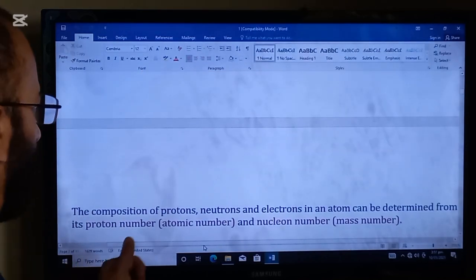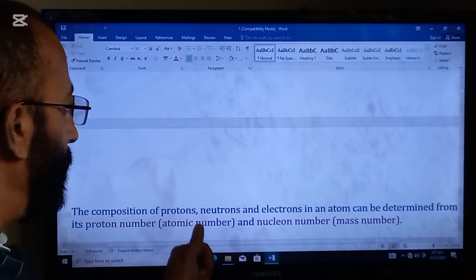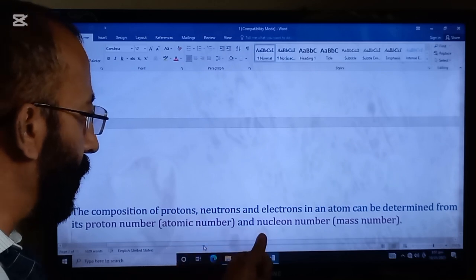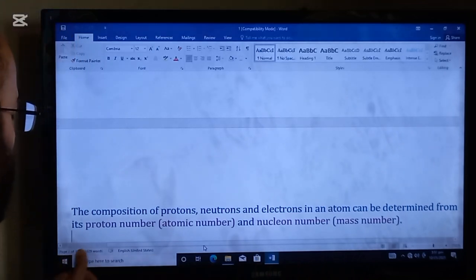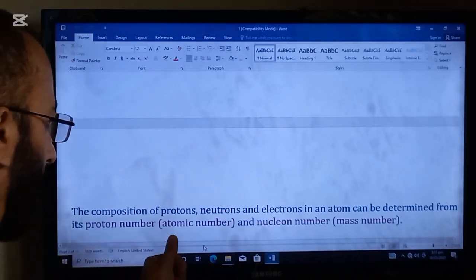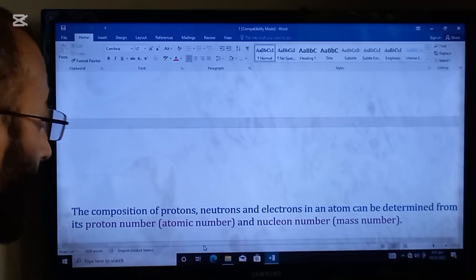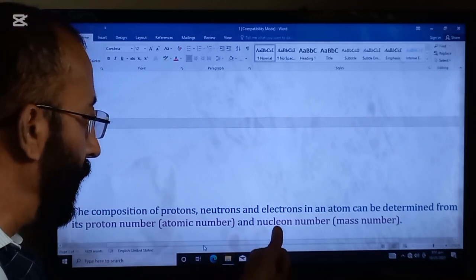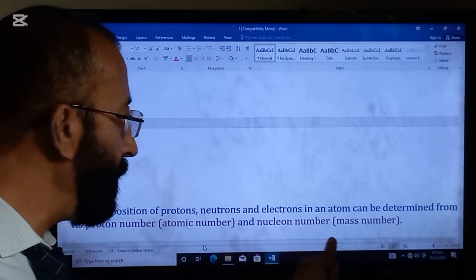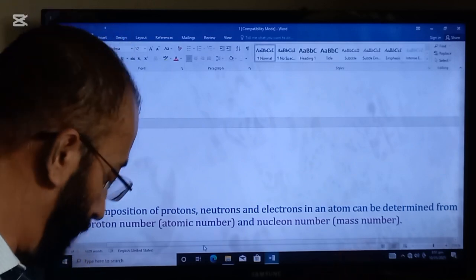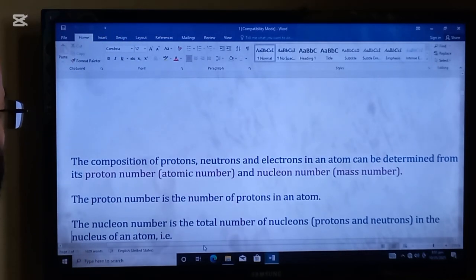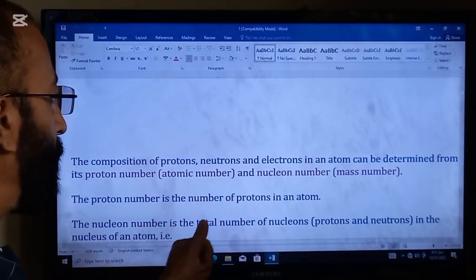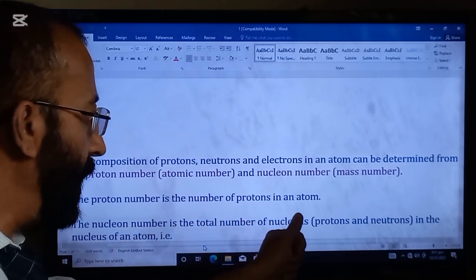The composition of the protons, neutrons, and electrons in an atom can be determined from its proton number. Proton number is also called atomic number, and nucleon number's another name is mass number. The proton number is the number of the protons in an atom.